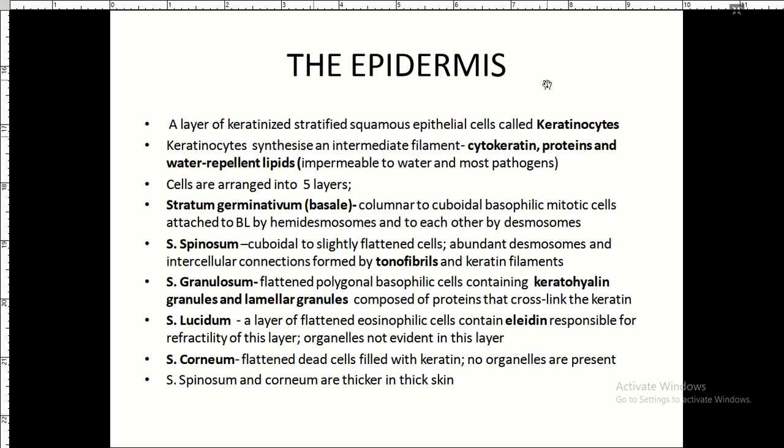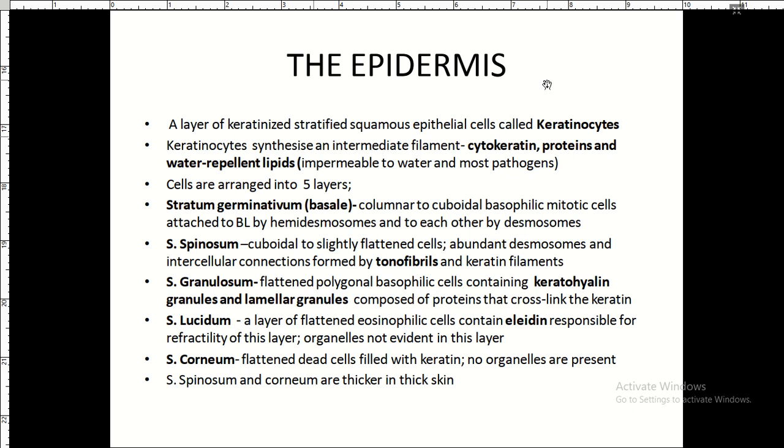Now let's focus on the epidermis. The epidermis is lined by stratified squamous keratinized cells, which are named keratinocytes. Keratinocytes synthesize intermediate filaments in the form of cytokeratin proteins, and water repellent lipids.